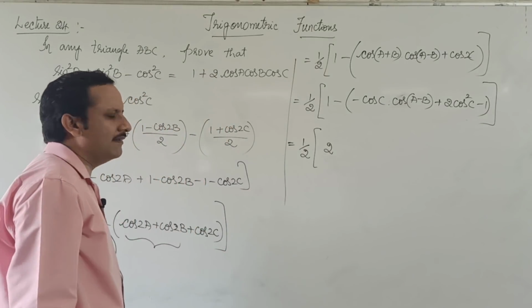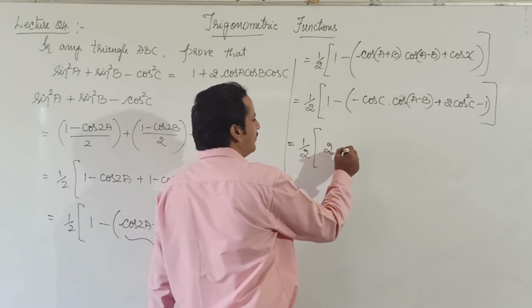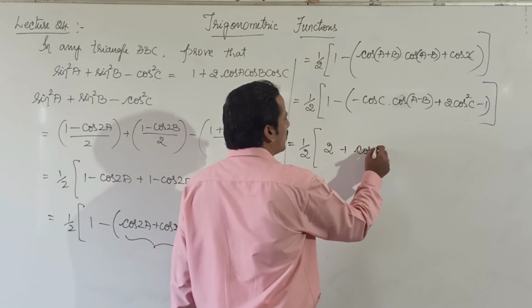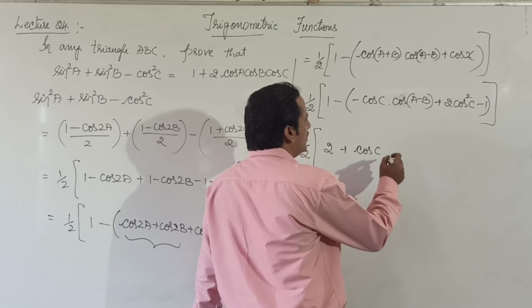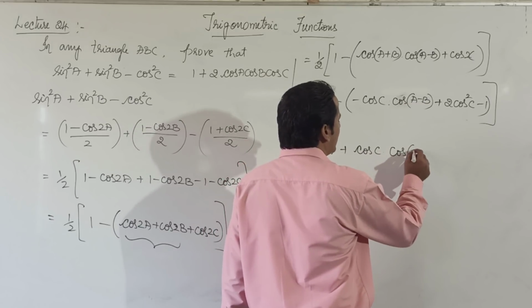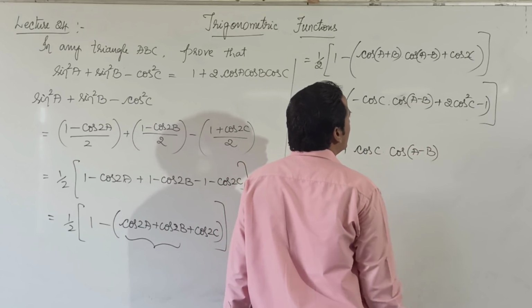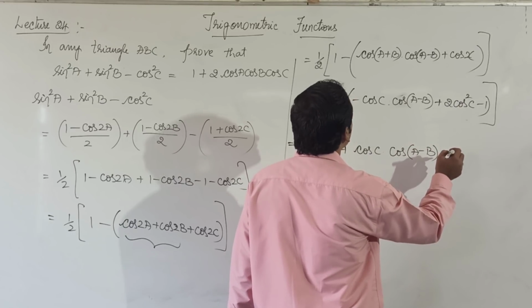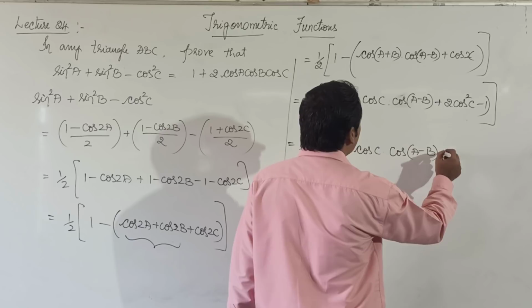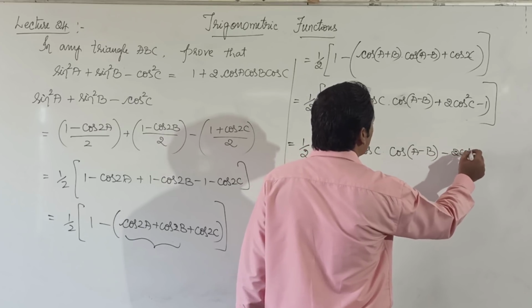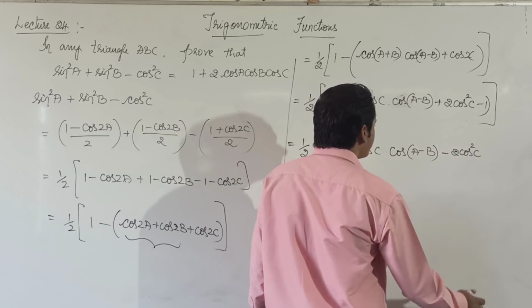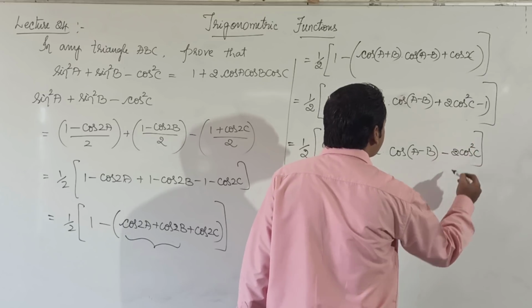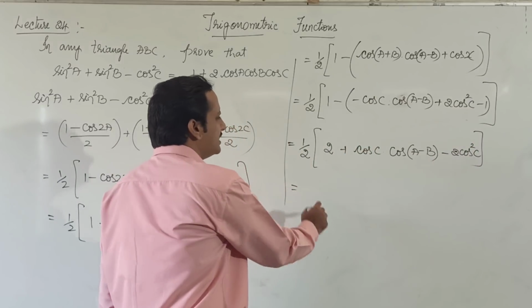Or I will write one more step here, plus cos C into cos (A minus B), minus 2 cos square C.